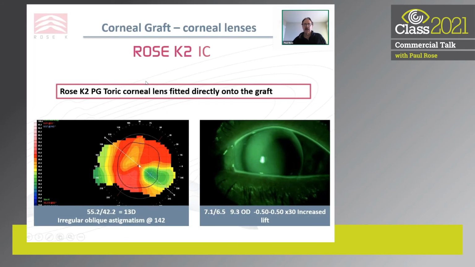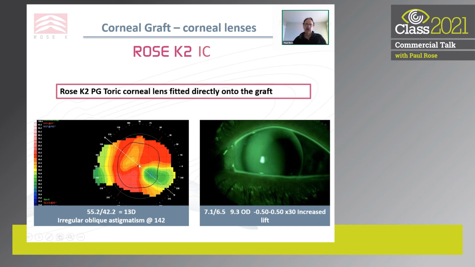This was a case worth touching on, and it did teach me a lesson, which I'll put at the end. You can see here this is a graft with a high degree of astigmatism. It's got 13 dioptres of astigmatism across the graft. Initially, I fitted it with a toric back surface and a toric front, but the lens always tended to mislocate, and this gave limited wearing time and at times caused problems with the vision.